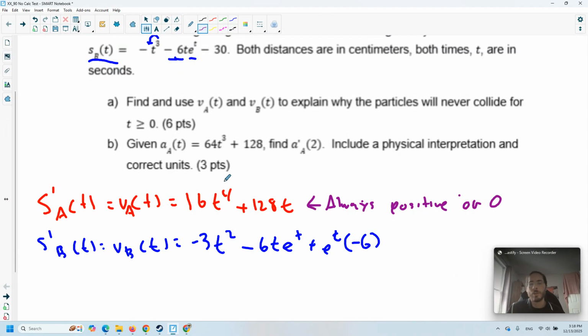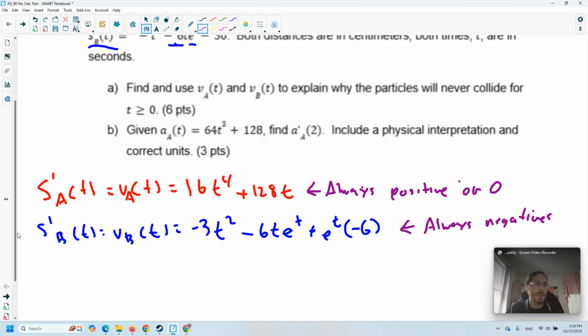So that's pretty good. With VB of t, if we plug stuff in here, this is always negative. We're not going to get 0 because of this one, so this is going to be minus 6 right away. So even at 0, this would be 0, 0, and negative 6. So that one's always going to be negative.